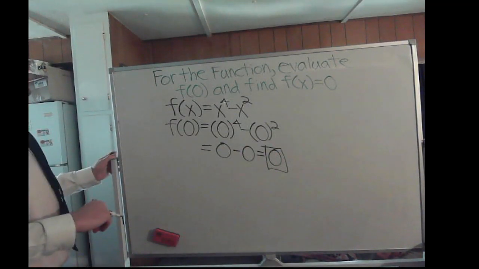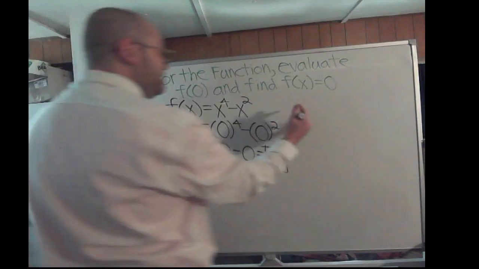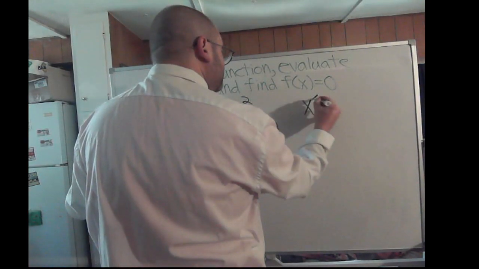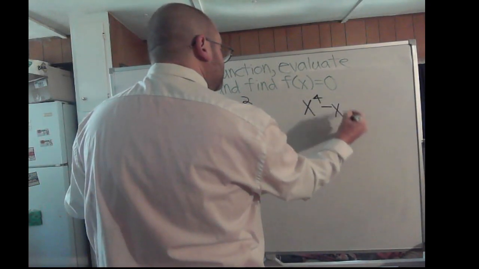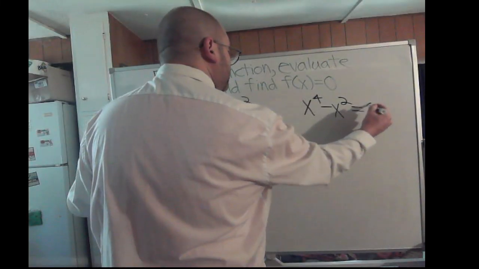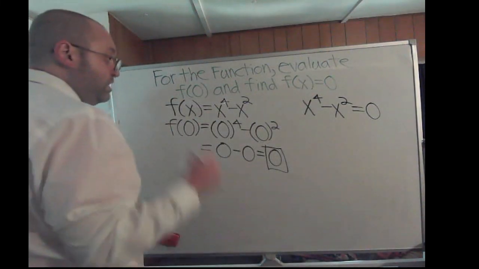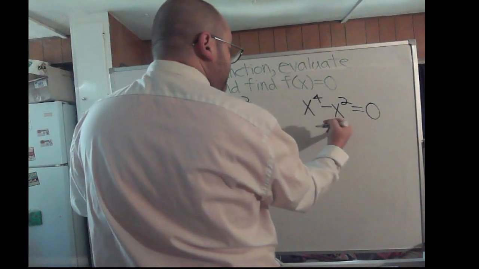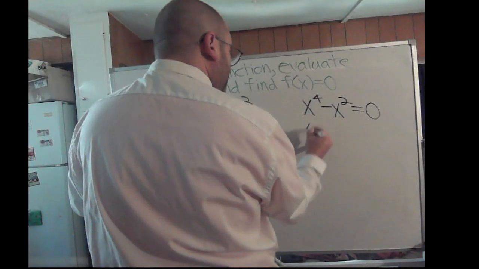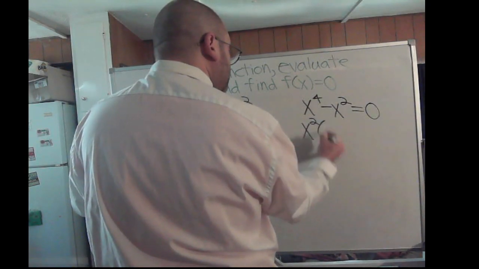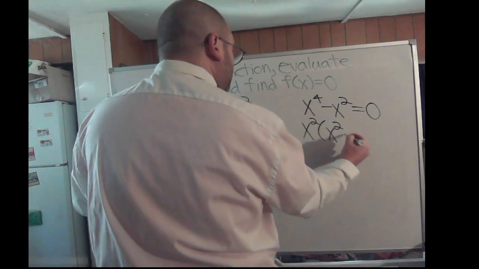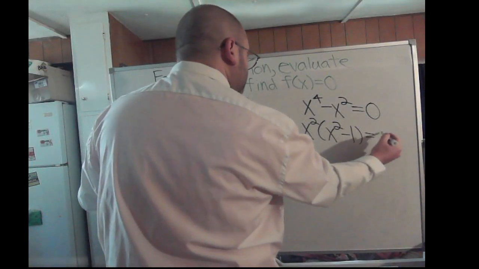Now, we need to take this f of x and set that equal to 0. So you're going to take x to the 4th minus x to the 2nd, set that equal to 0. Well, we can factor out a common x squared, so you'll have x squared times x squared minus 1 set equal to 0.